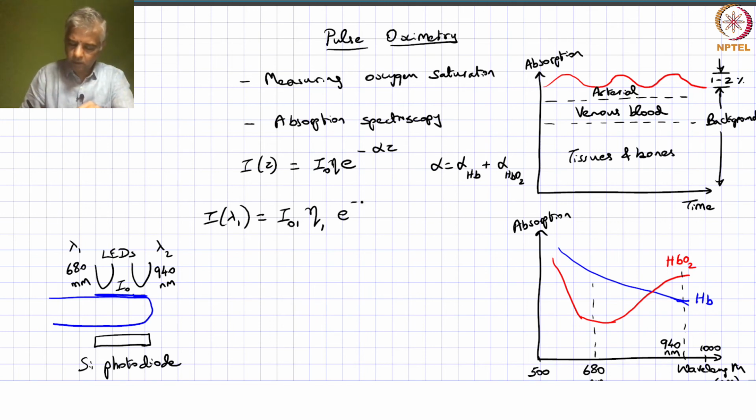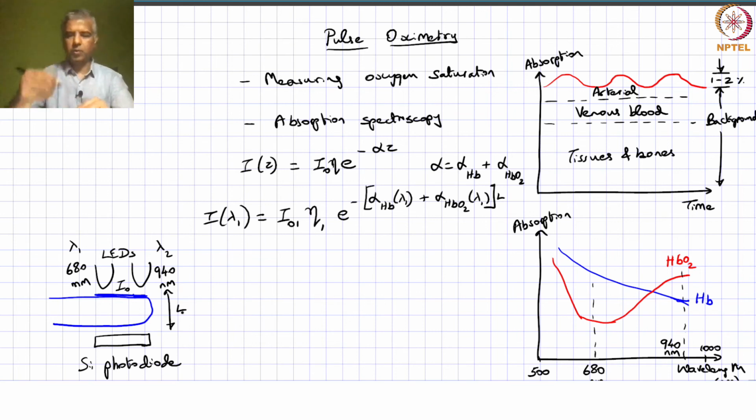So you have e power minus alpha Hb at lambda 1 plus alpha HbO2 at lambda 1, multiplied by L, where L is the region over which the absorption is happening. That corresponds to the thickness of your finger.